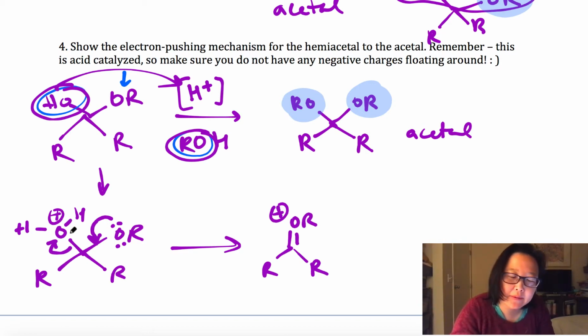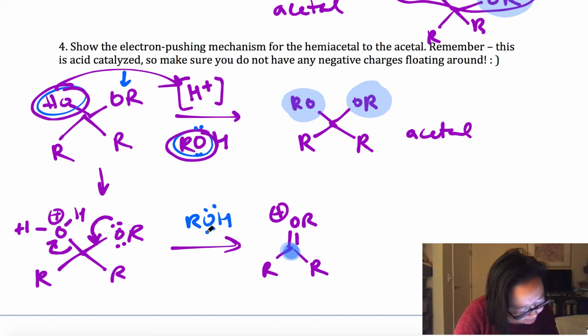So I added the OR group, and now this is a tetrahedral intermediate, and then I'm going to lose the leaving group. All right, at this stage then, you can imagine that this carbonyl carbon is my electrophile. And now I'm going to be able to do a nucleophilic attack in the next step. So let's do that. The next step, I'm going to bring in ROH, and I'm going to attack it here.